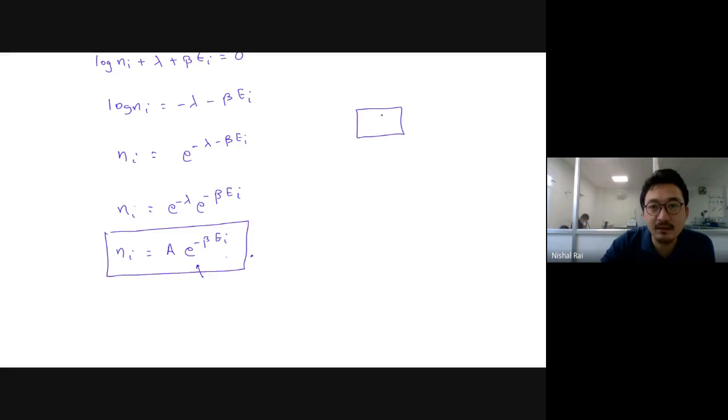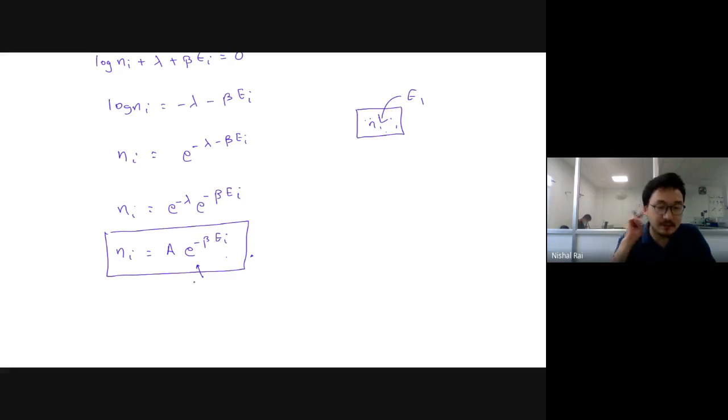Let's say you have a cell of energy E1. Clear? And you have particle N1. So the N1 particles are distributed in this manner. Actually, there will be N1, N2, N3, N4, N5 such particles, but this is how they are being distributed.